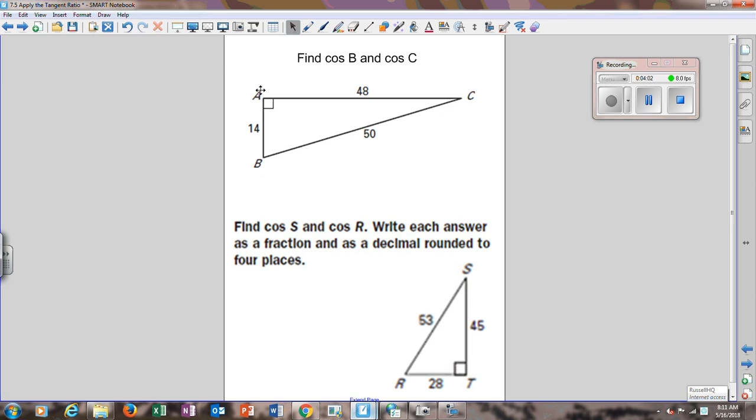Find the cosine of B and cosine of C. So to find the cosine of B, it's this angle here. Cosine B equals, and it's the leg that's adjacent, so 14 over the hypotenuse, which is 50. So this would give us 0.28.